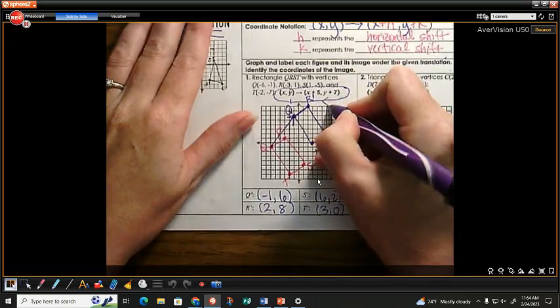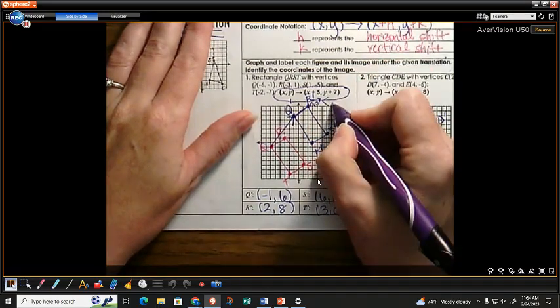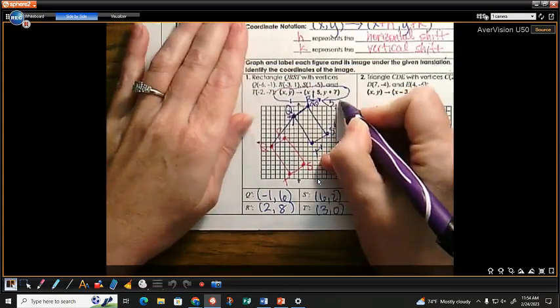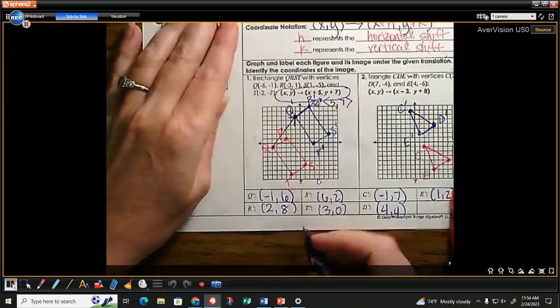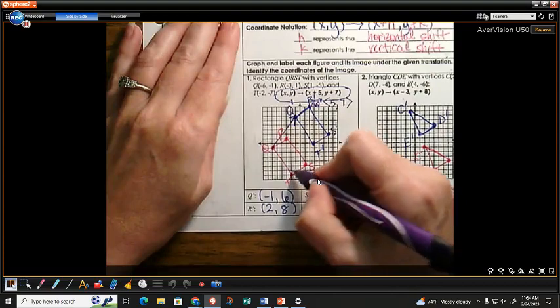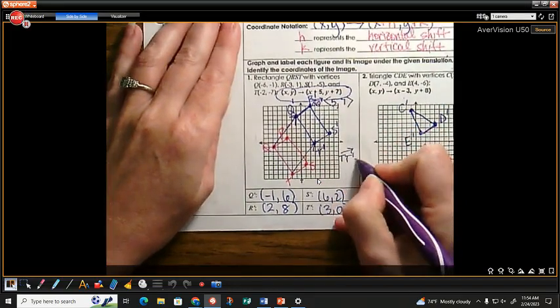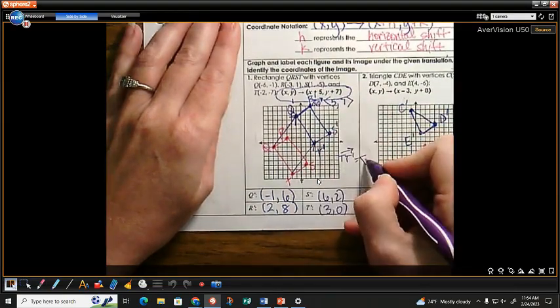And how far did my vector Q prime go? It went 5 to the right and 7 up. What about my vector T to T prime? How far over does it go? 5.